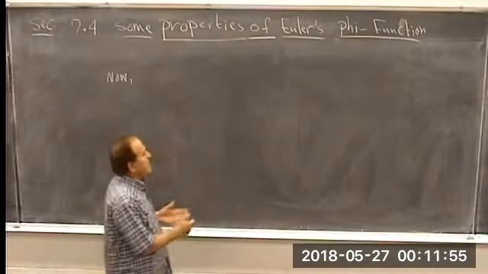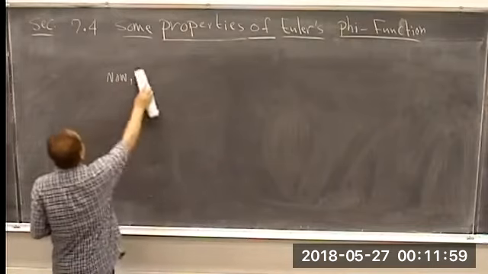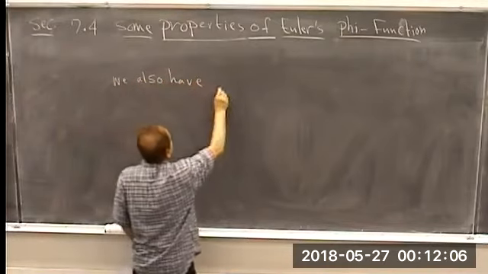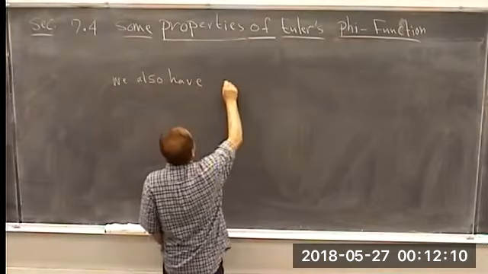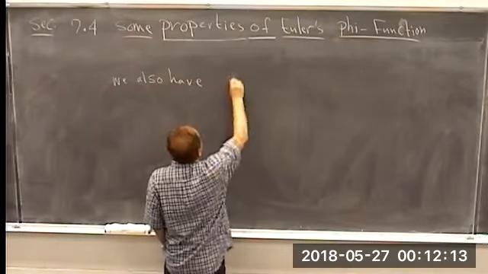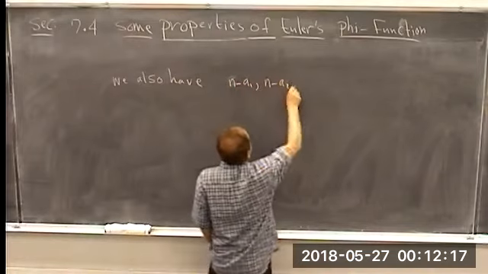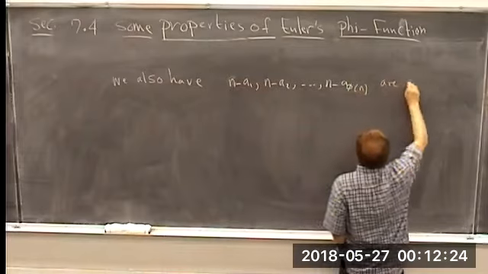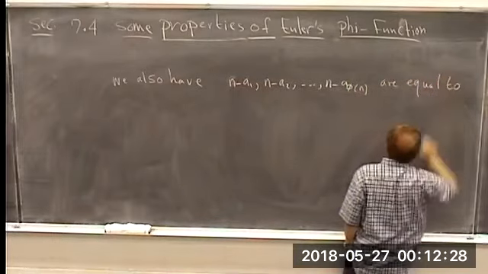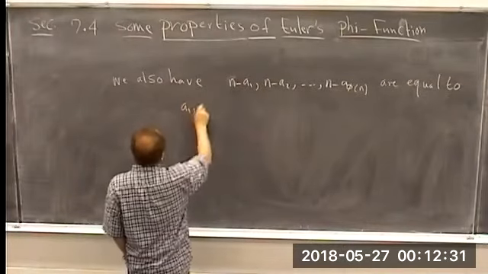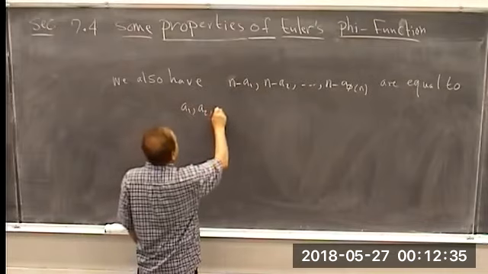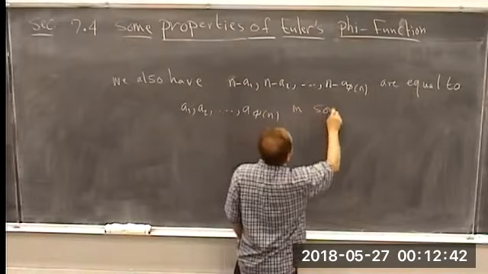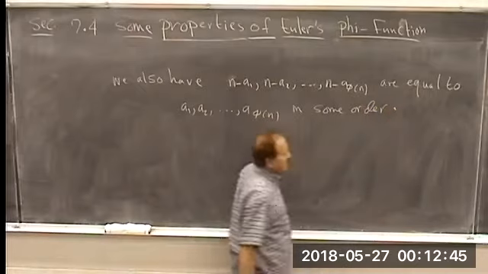So each one of n minus a1, n minus a2, up to n minus a sub phi of n is congruent to one of a1 up to a sub phi of n, maybe not ordered in the same way. So these are equal to each other in some order.